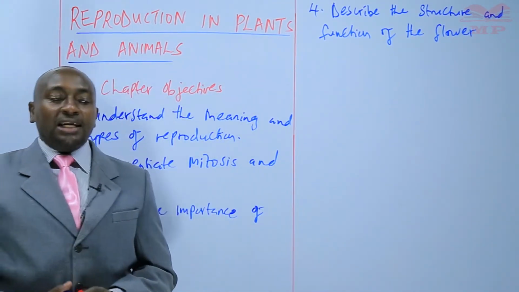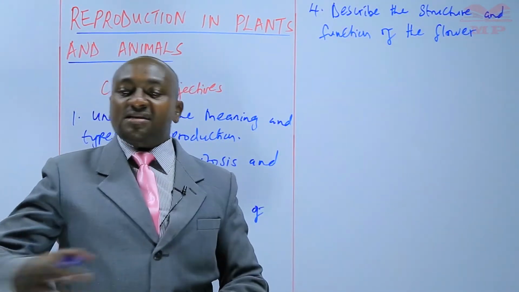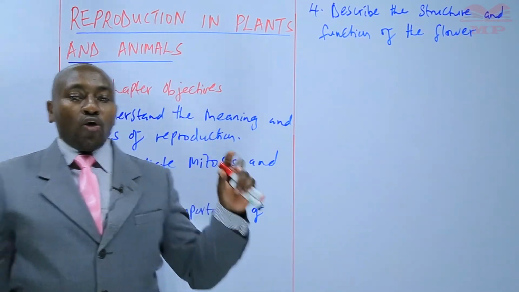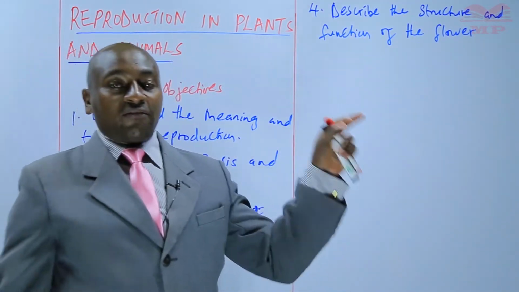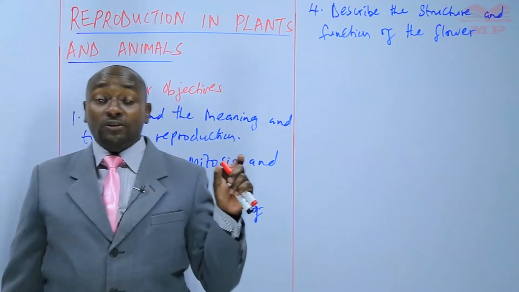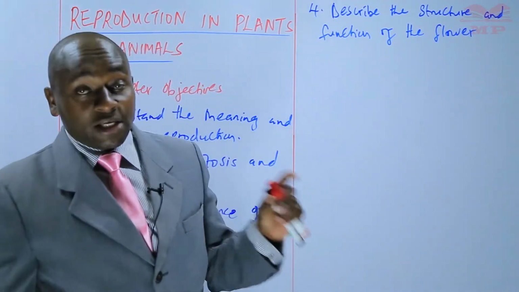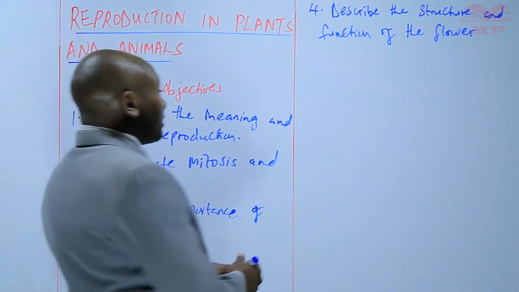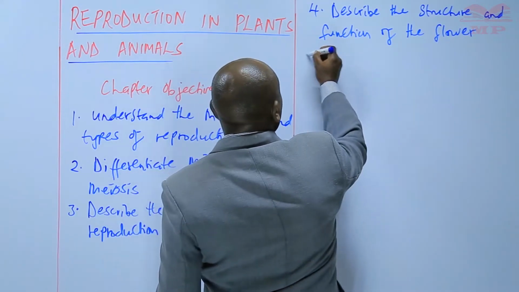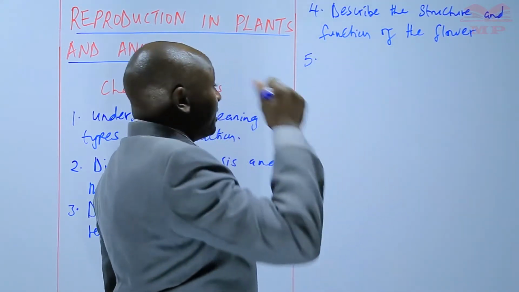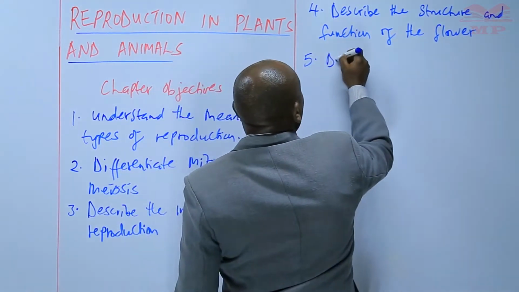So basically, we will not look at the leaves, the stem, and the roots. No. We will only concentrate ourselves on the flower because it's the part of the plant that takes part in reproduction.